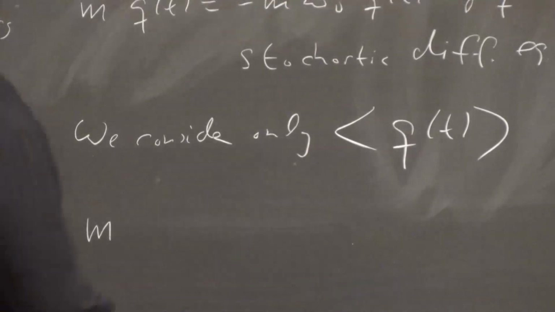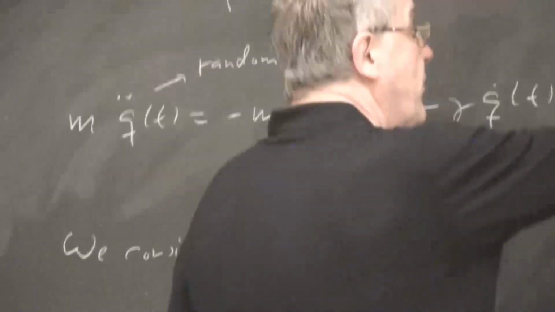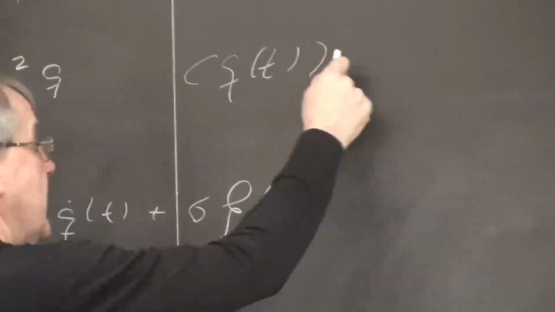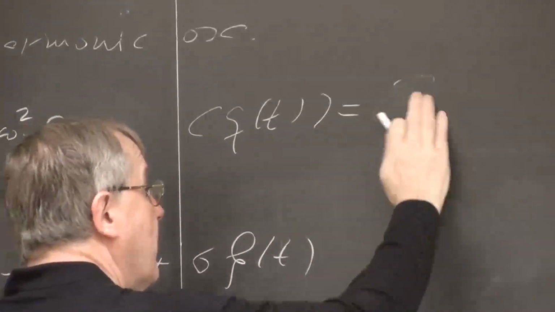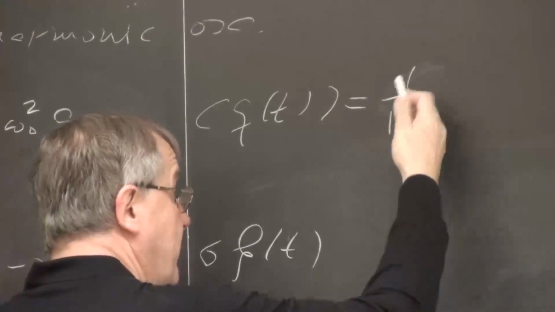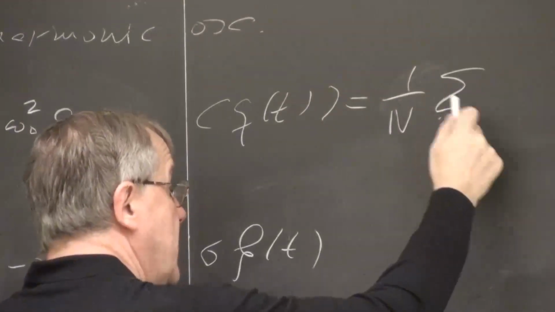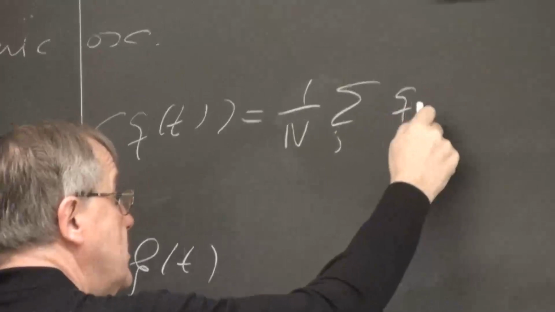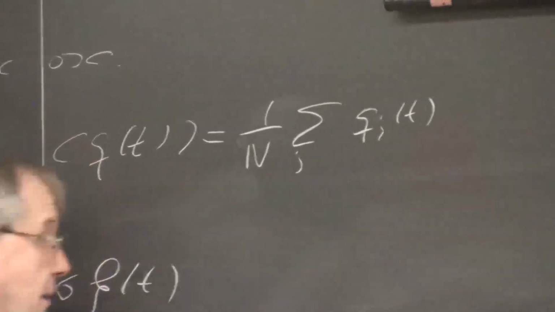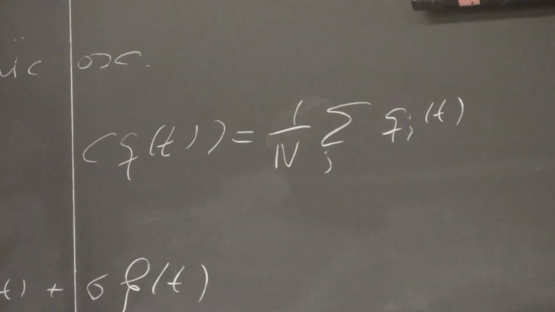And so then, Q of T average is the sum of 1 over N Avogadro, sum over J, of Q J of T. So that is our average.